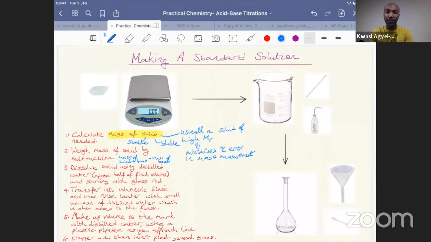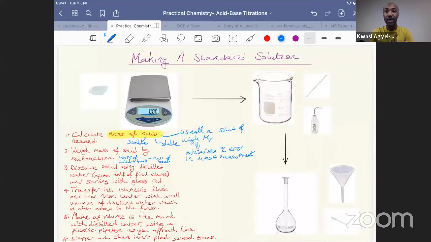So if you're making a standard solution that has a total volume of exactly 500 centimeters cubed, then you want to make sure that you're initially dissolving your solid in, say, 200 centimeters cubed, and then you're going to rinse the beaker with some more distilled water to ensure that all the solute is being dissolved in water and being transferred to our volumetric flask.